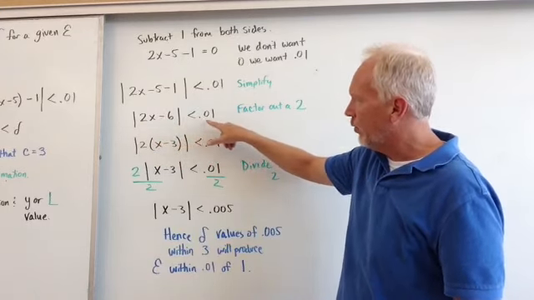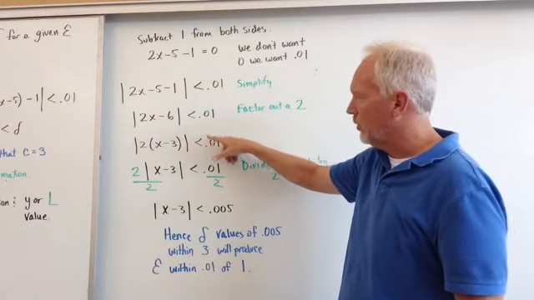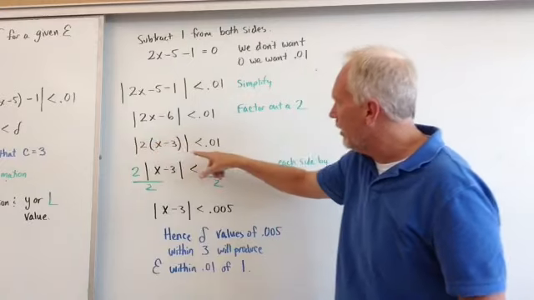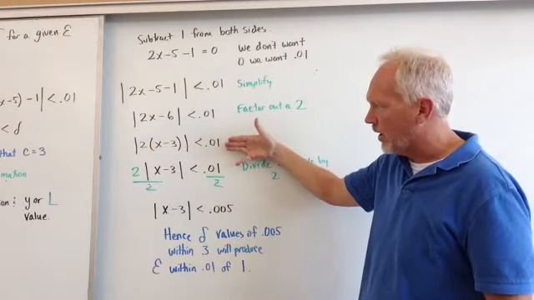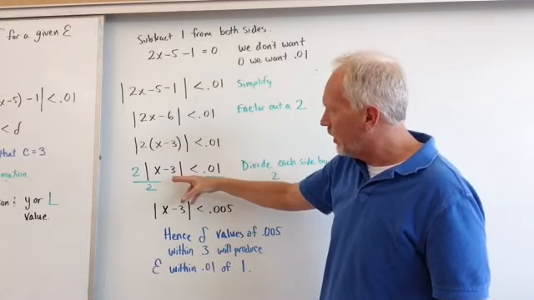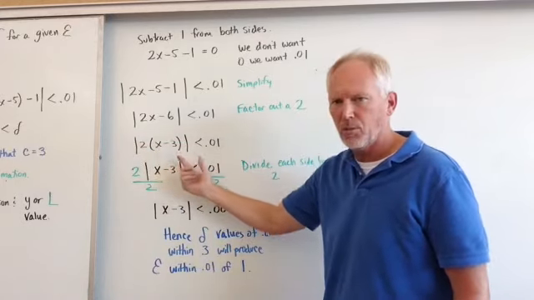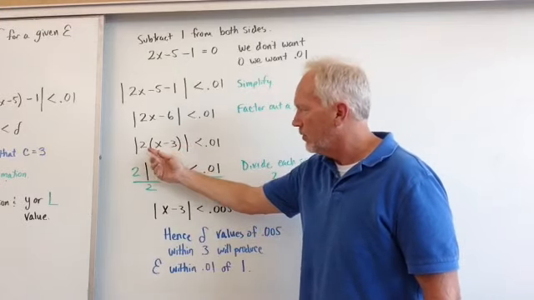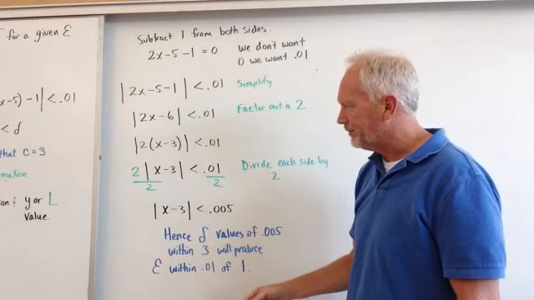For what x values is that number less than 0.01? We can factor out a 2, so we get 2 times x minus 3. All the algebra is working out nicely. We can put that 2 on the outside. That doesn't hurt the absolute value bars because we're not subtracting anything out, we're simply dividing something out.